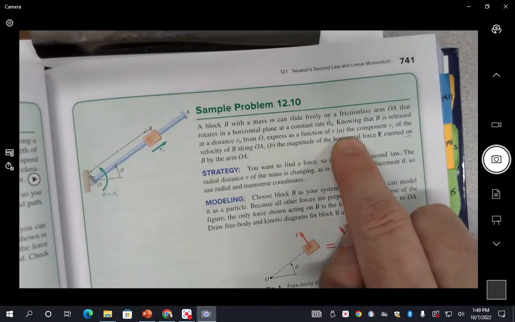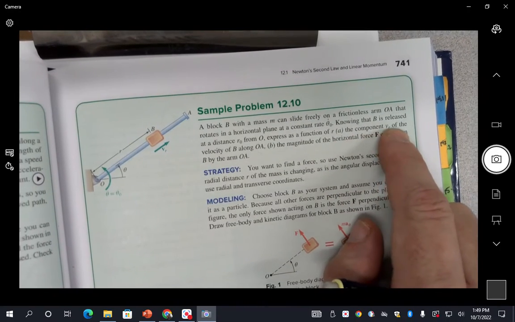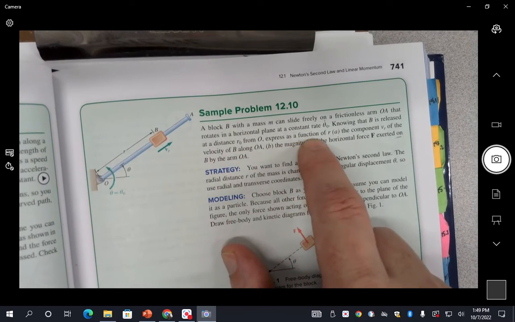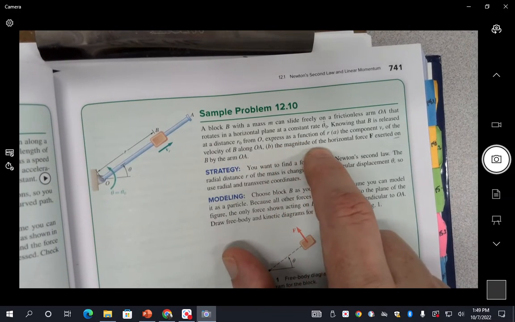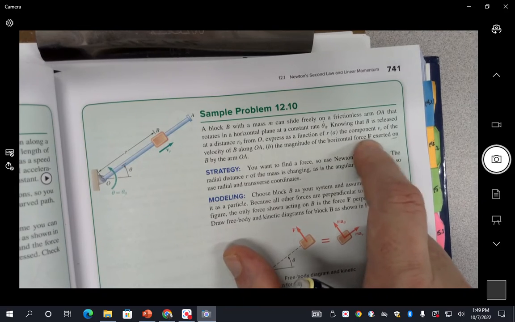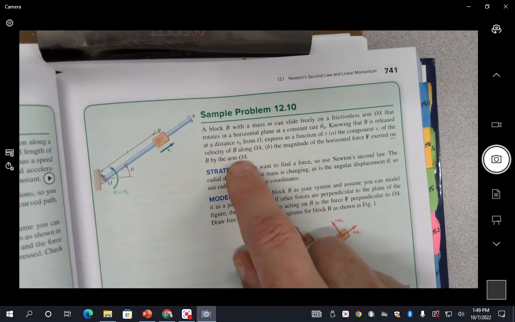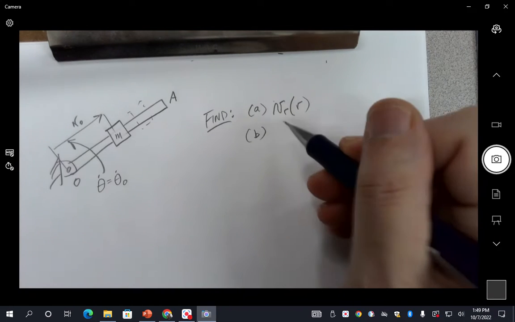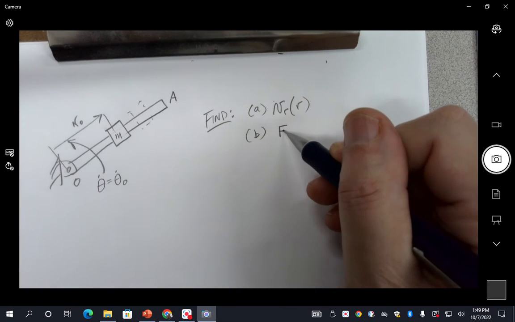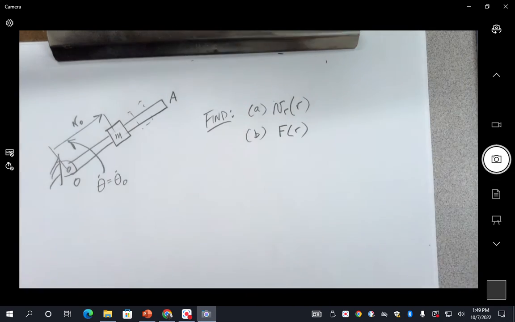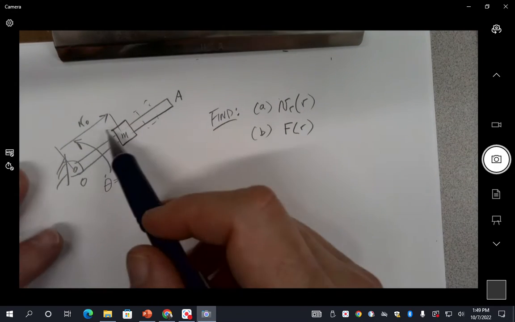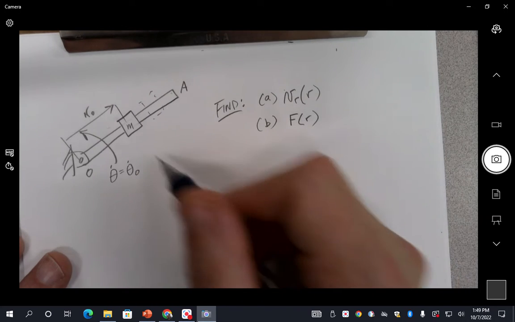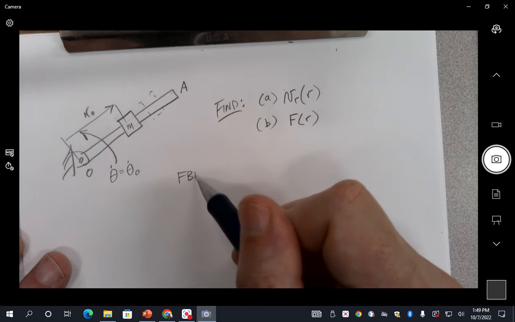They want the component VR of the velocity along OA, expressed as a function of R. And then the next one, the magnitude of the horizontal force F exerted on B by the arm. So for B, we want to find F also as a function of R that's being exerted from the bar onto the block. I think the first thing we want to do is draw the FBD.